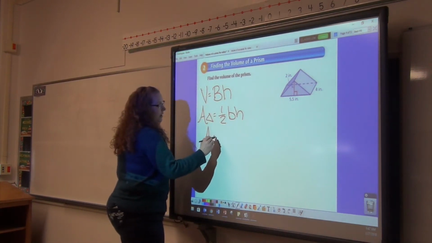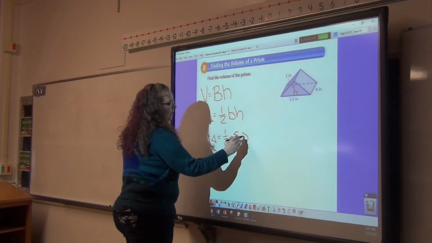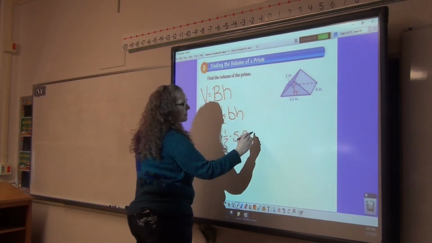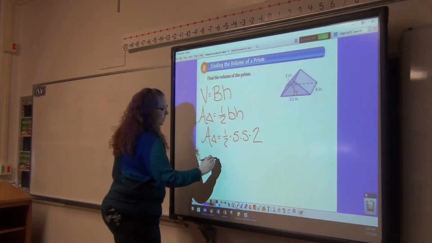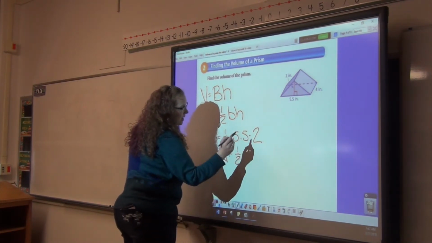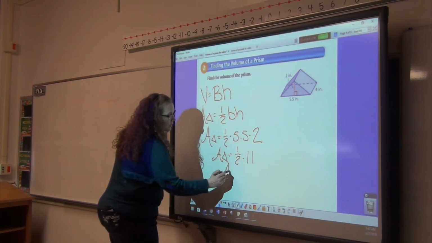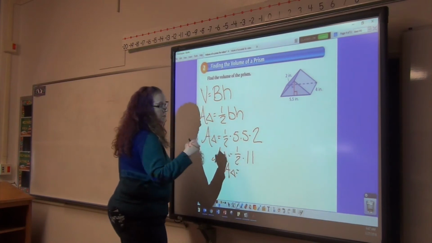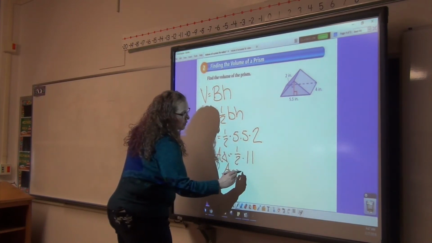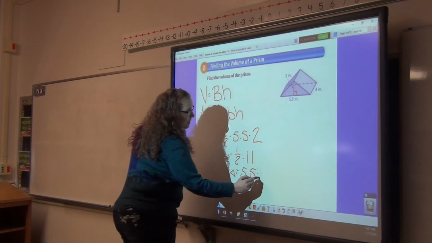So area of our triangle equals 1/2 times the base, which is 5.5, times the height, which is 2. So area of our triangle equals 1/2 times 5.5 times 2 is 11. So area of our triangle equals 11 divided by 2 is 5.5 inches.